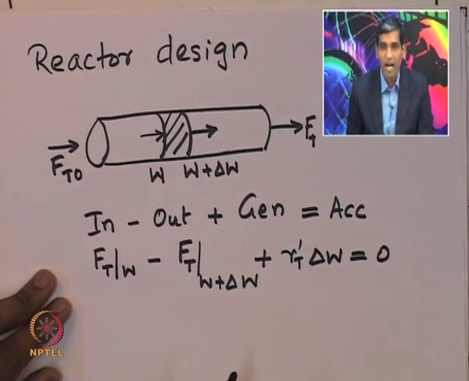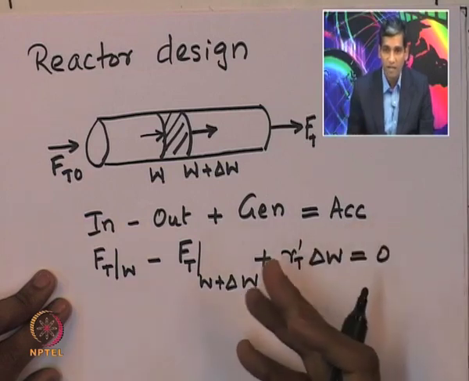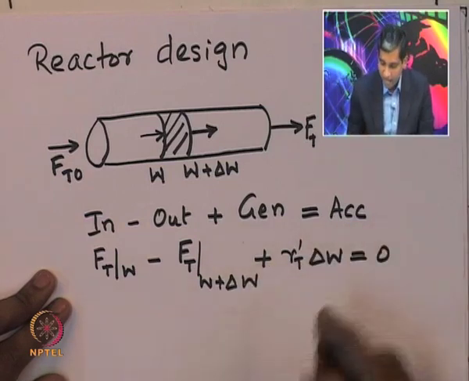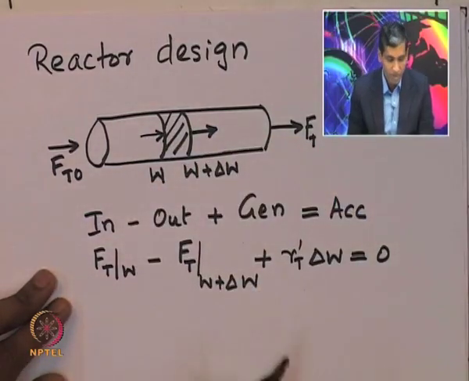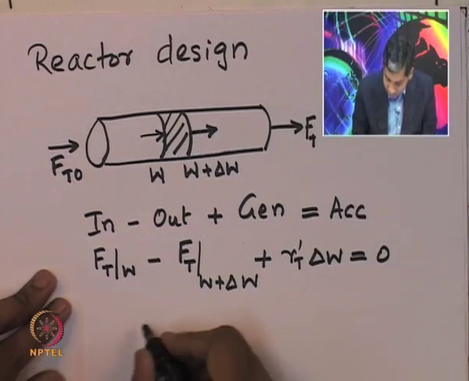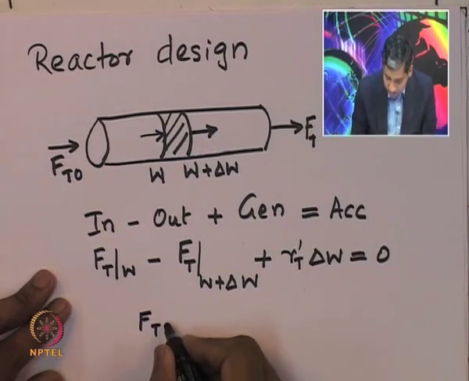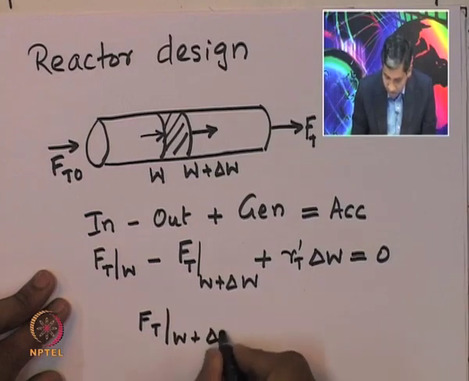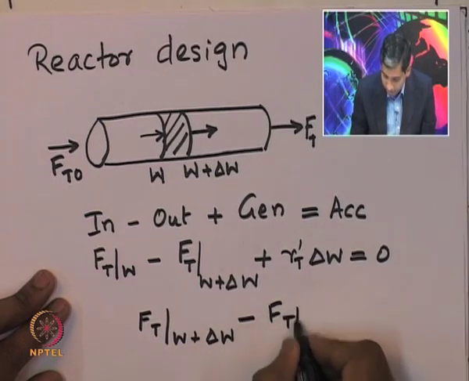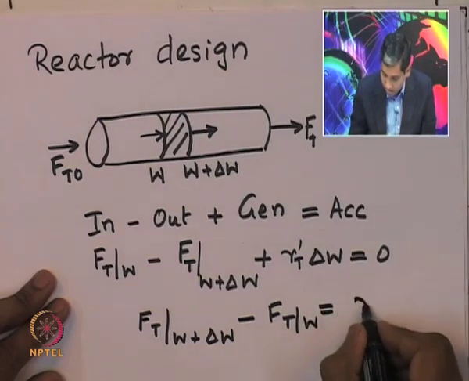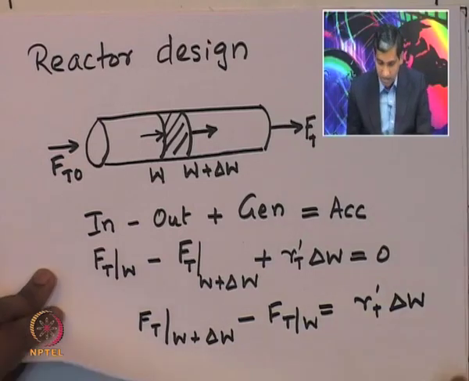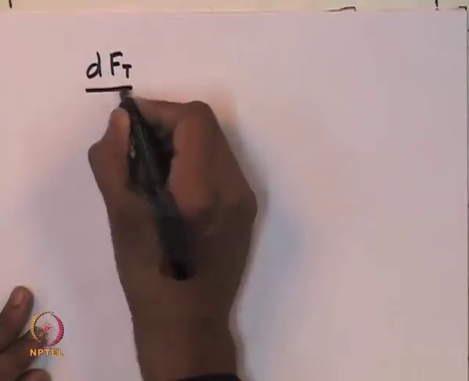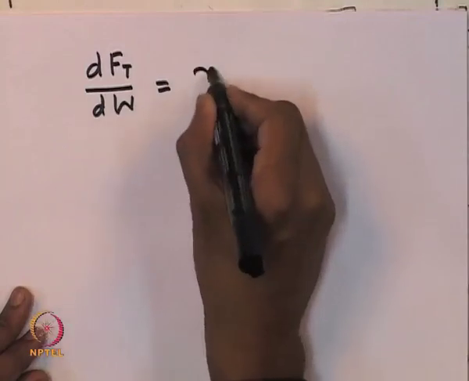Okay. Here R T prime is the rate at which toluene is being generated, and delta W is the amount of catalyst packed in that element. So, we can rewrite this as F T at W plus delta W minus F T at W equal to R T prime into delta W, and this can be rewritten as dF T by dW equal to R T prime.